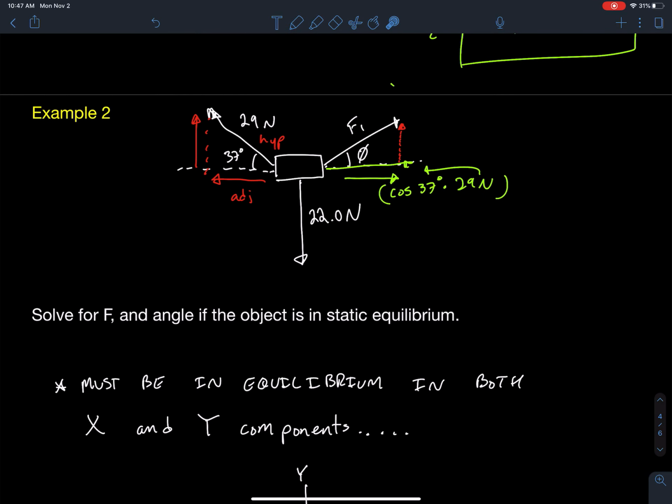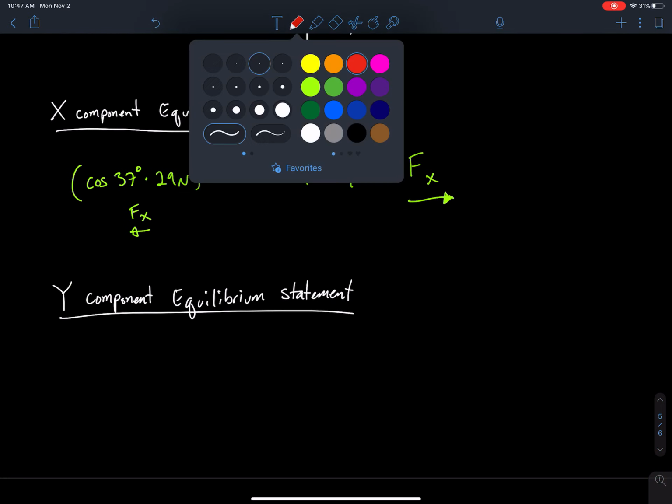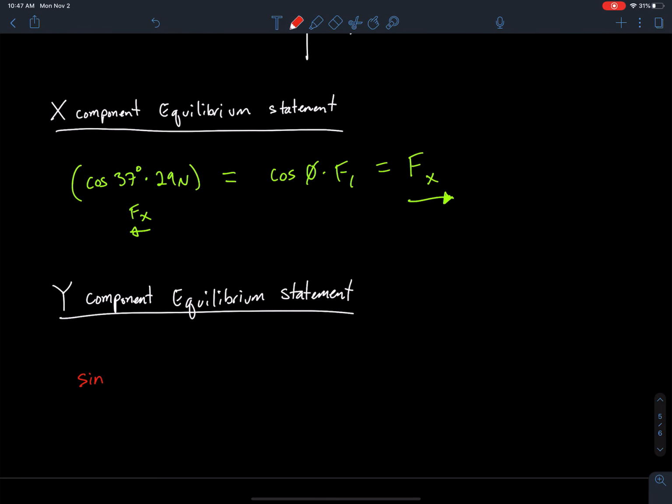So how do I solve for this vertical component? Well, the vertical component here is opposite, and that's hypotenuse from the 37-degree angle. So that's opposite.